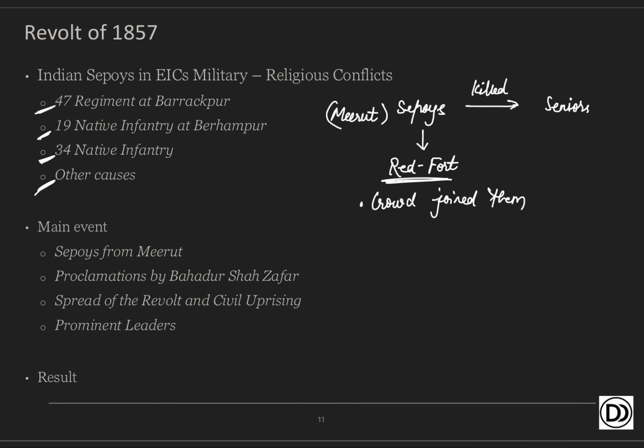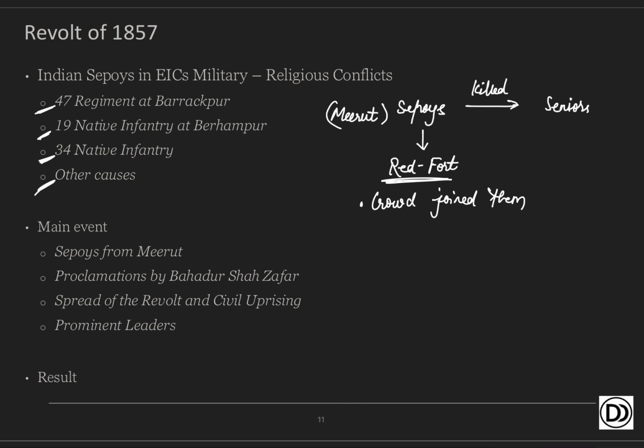This crowd got excited seeing the sepoys fight against the British. As we have already discussed, farmers, the common people, were already aggrieved. They were in pain and living a miserable life. They got excited seeing these sepoys fight against the Britishers, and they followed these sepoys.